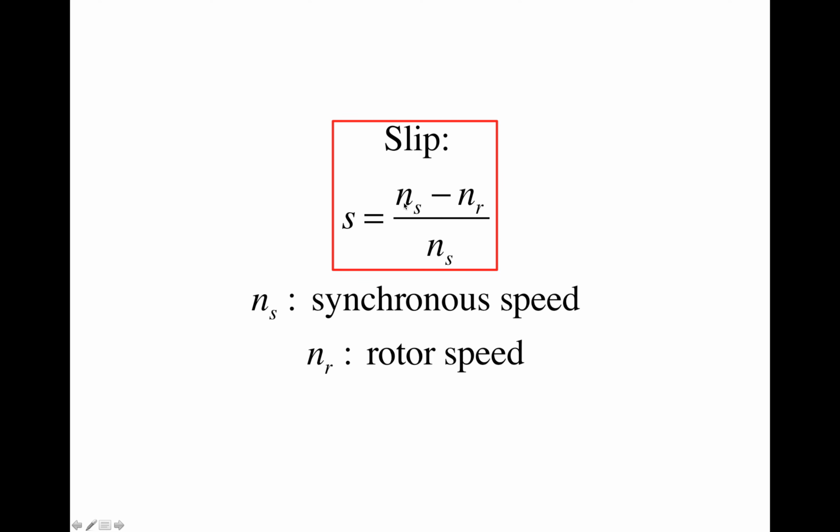It is less than 0.1% of the synchronous speed, so it's a very, very small difference. At that point, Ns is almost equal to Nr, so the numerator becomes almost zero, and the slip is very, very close to zero. So under no load condition, slip is almost zero.